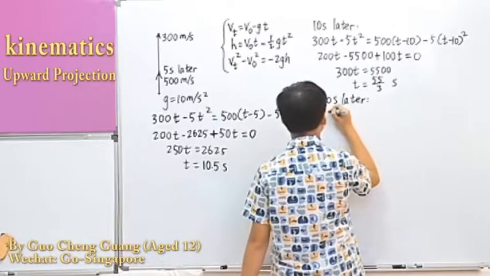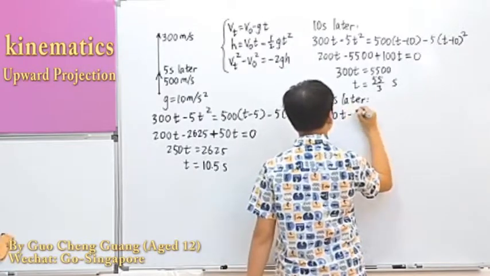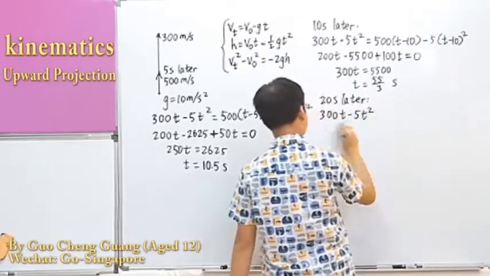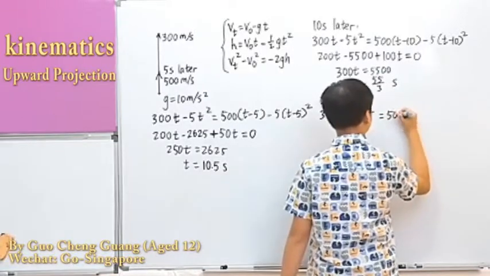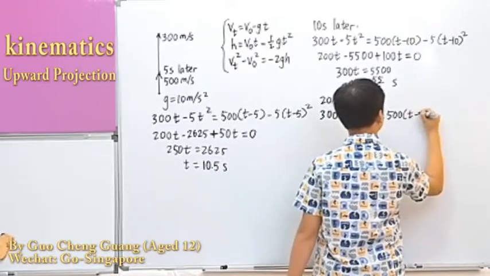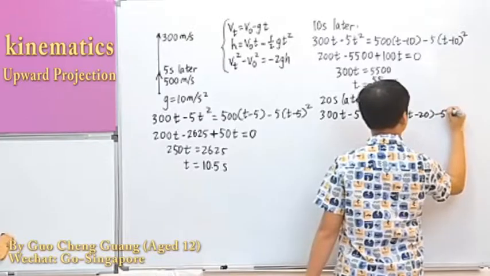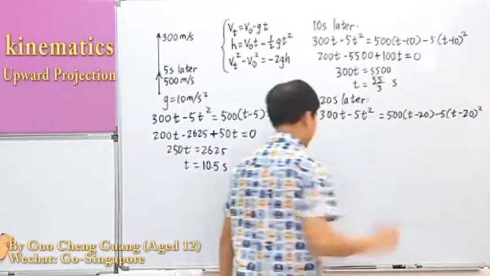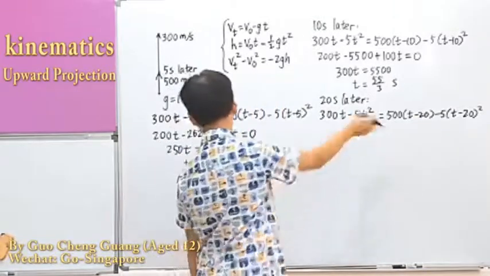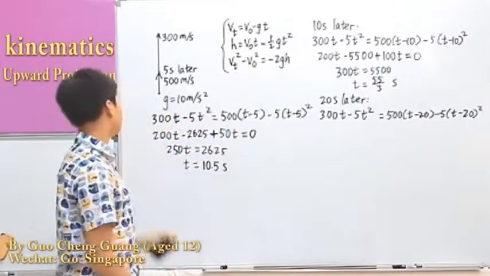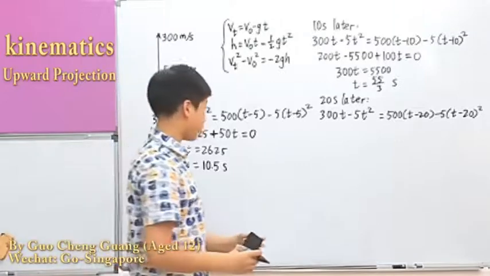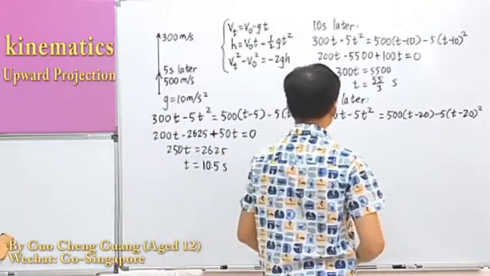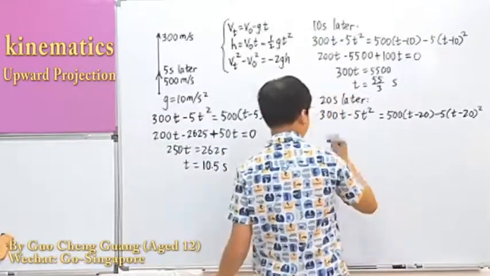Wow, this is the first part. Then this is the other part for the bullet with a speed of 500 meters per second at first. So we're still going to make different calculations here.